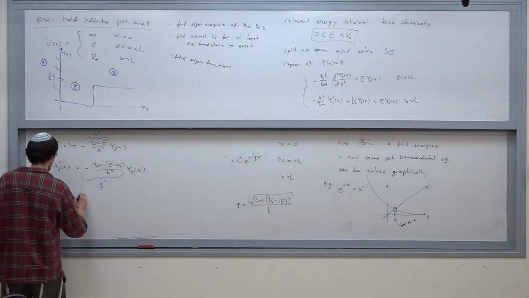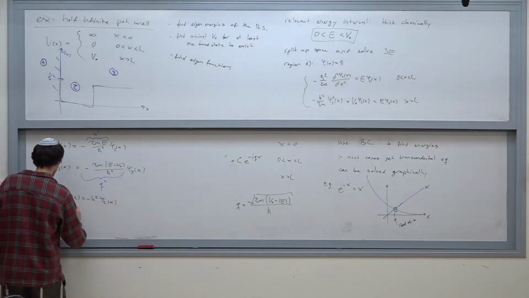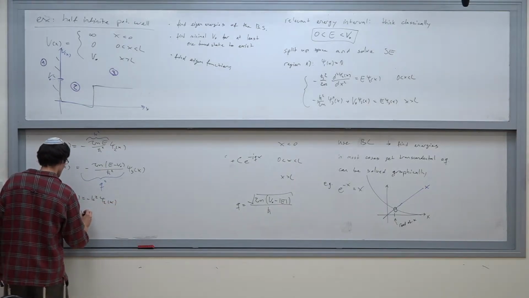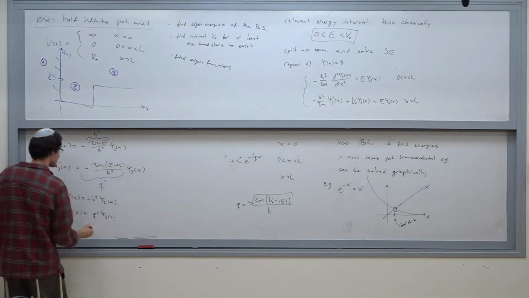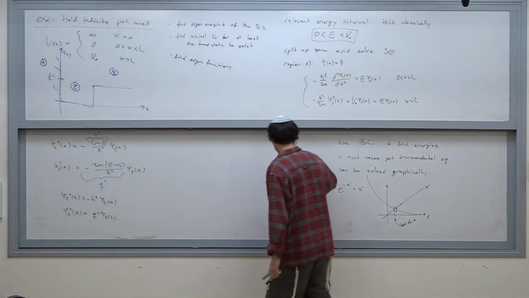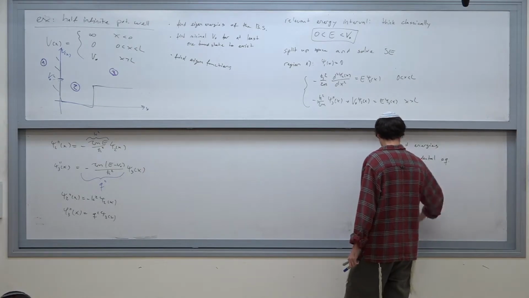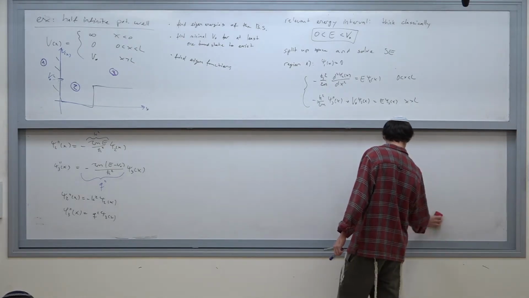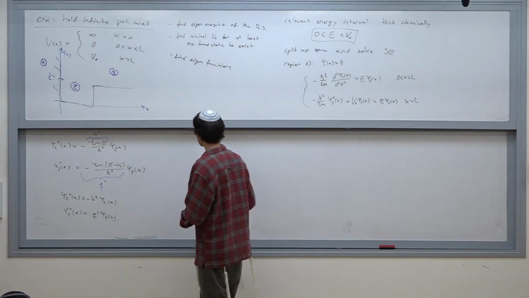ψ2''(x) = −k² ψ2(x), and ψ3''(x) = q² ψ3(x), no minus. These equations can be solved immediately. These are exponentials.